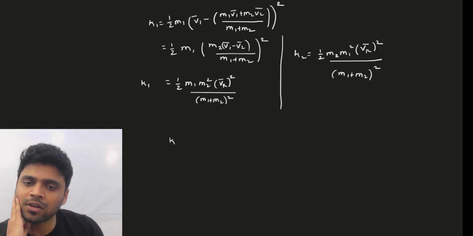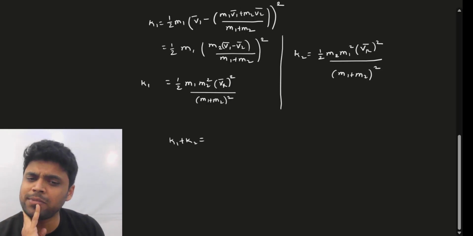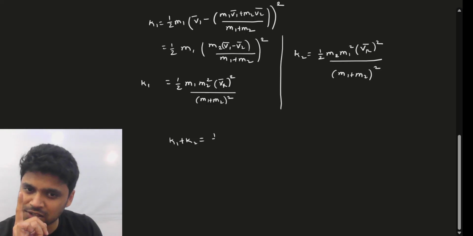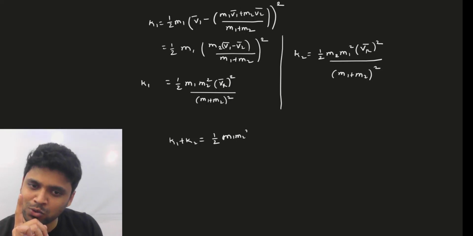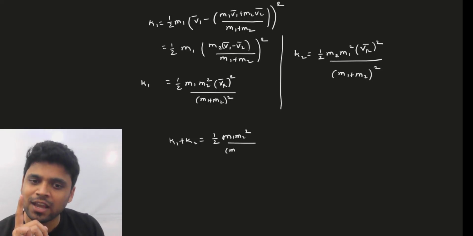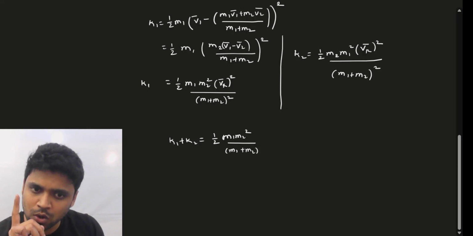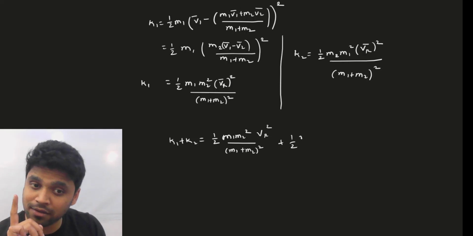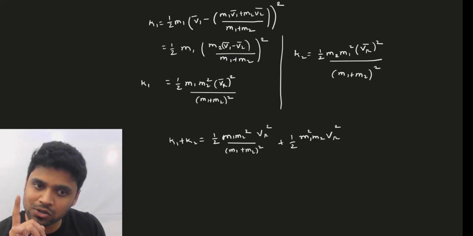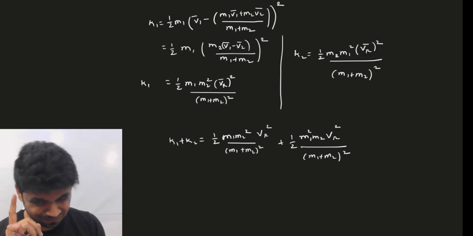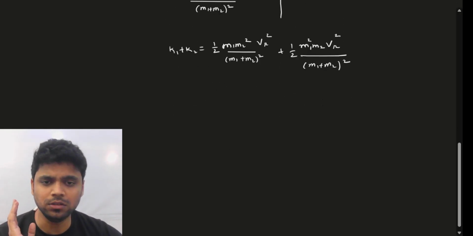So now the total kinetic energy K1 plus K2 is going to be half times m1 m2 square divided by m1 plus m2, sorry, so it's going to be m1 plus m2 whole square times relative velocity Vr square, plus it's also equal to half times m1 squared m2 times relative velocity square divided by m1 plus m2 raised to the power 2.